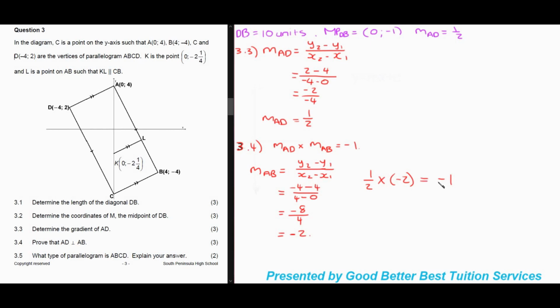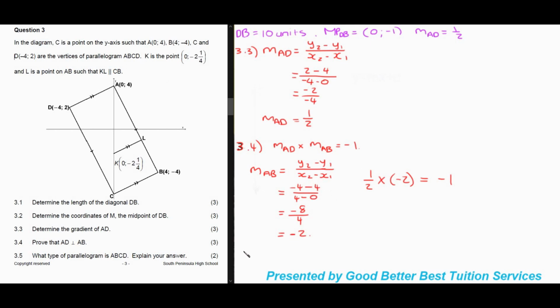So I can say therefore it is equal to. Remember, I said in the past, if it's not, we put a line through it, but they're actually asking us to prove that it's perpendicular, so we already knew it's going to be perpendicular in this case, right? So just like that, we've proven that it was perpendicular. We had the gradient for AD, we just had to find the gradient of AB. Once we get that, we times them together, and if they're equal to negative 1, we know that we are correct and have proven that they are perpendicular.